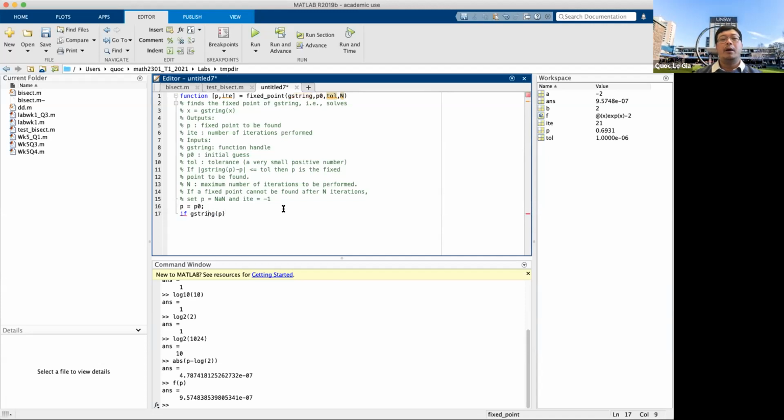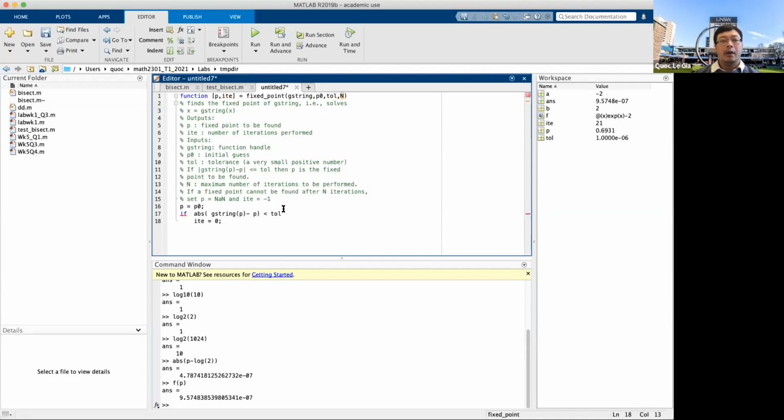And remember, when it means it's a solution, then we have to check that the absolute value of g of p minus p is less than some tolerance. Then, okay, we say that I'm going out. So I just set p equal p, iteration equals 0.